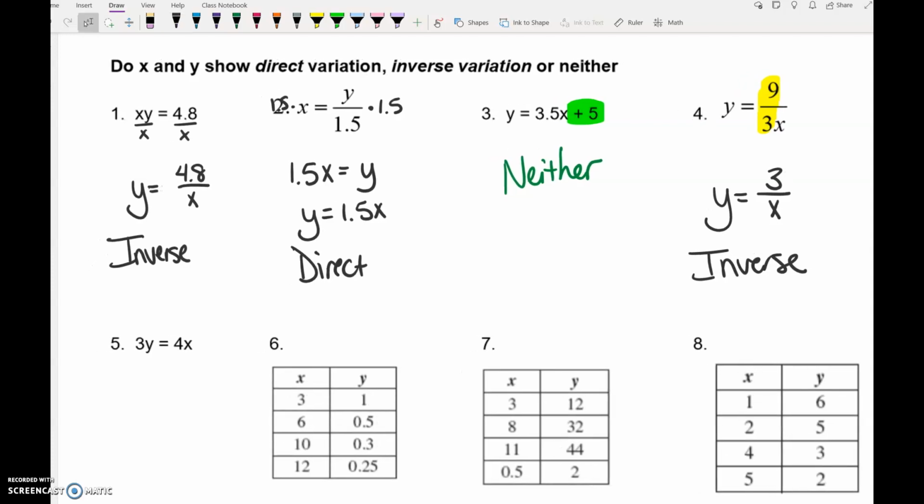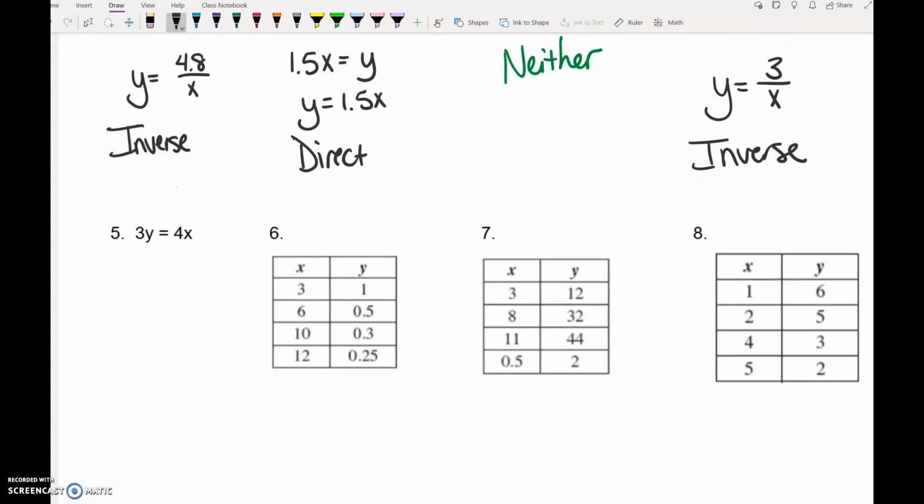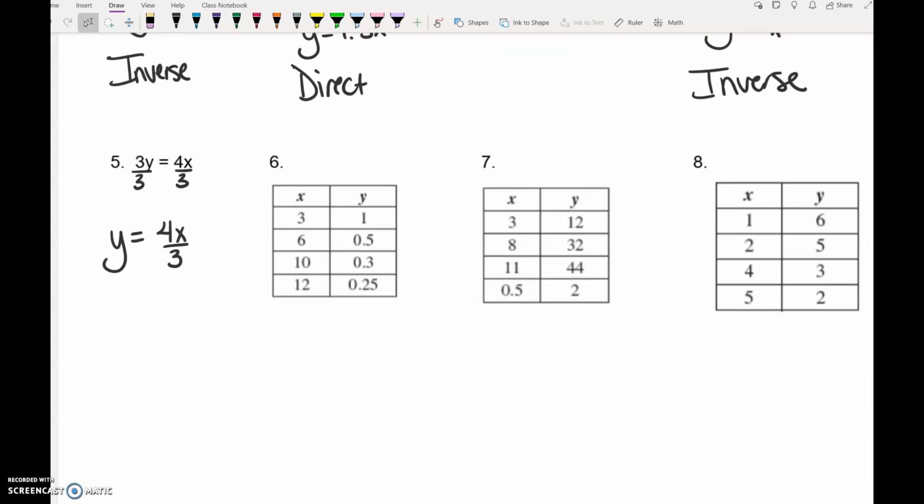Oh, there's another one down here. 3y equals 4x. If we divide both sides by 3, if it's written like this, it's kind of weird looking. What if I write it this way? 4/3 times x. Just because there's a division bar doesn't mean that it's inverse variation.